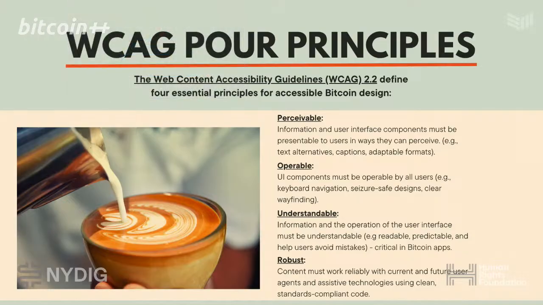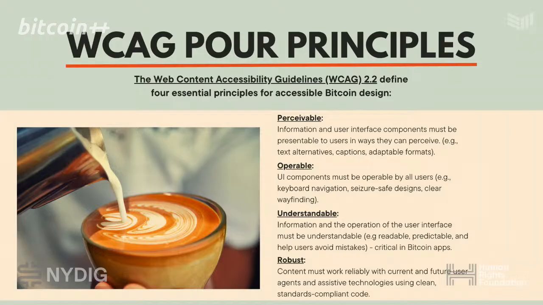That it's operable, that the UI components must be operable by all users. You have keyboard navigation, seizure-safe design. So if you have a design with a lot of flashing and stuff, you want to make sure that you keep it under a certain threshold so that it doesn't trigger a seizure in somebody. And then clear wayfinding, knowing where you're at in a particular UI and what step of a process, right?